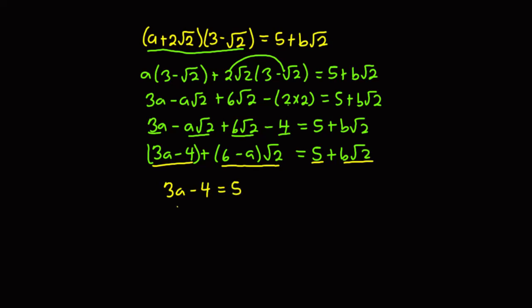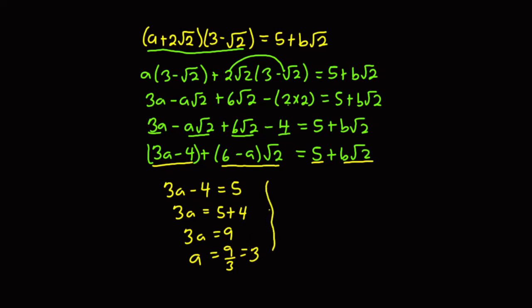And so 3a is going to give us 5 plus 4, so 3a will give us 9. And so a will give us 9 over 3, which is 3. So a is equal to 3.